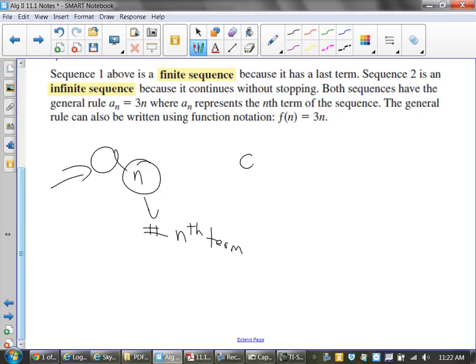So if we have a sub n equals 3n, and I want to know the 4th term in that sequence, what would I do with the 4? Place it in. Exactly. It would be 3 times 4. So the 4th term in that sequence is 12. That's what a sub n means. Okay?